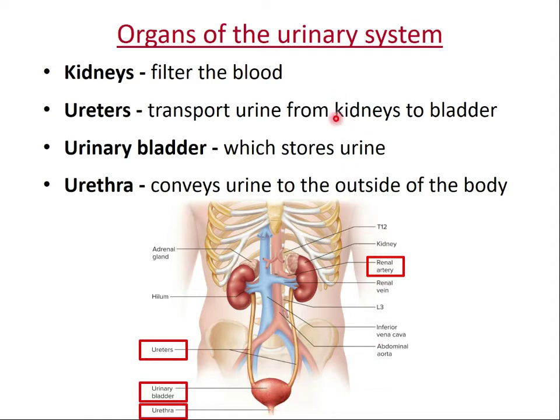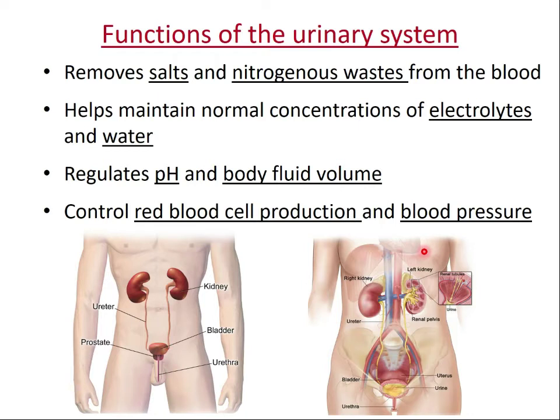There are various functions associated with each of these structures. In this lecture, we will go through the structures and then look at some of their functions. The function of the urinary system as a whole is to remove salts and nitrogenous waste, say from metabolic processes.